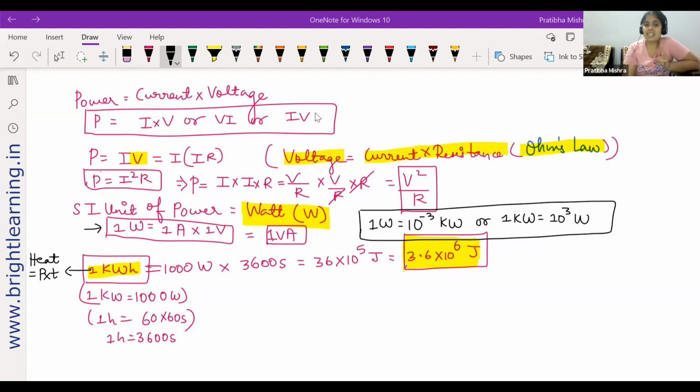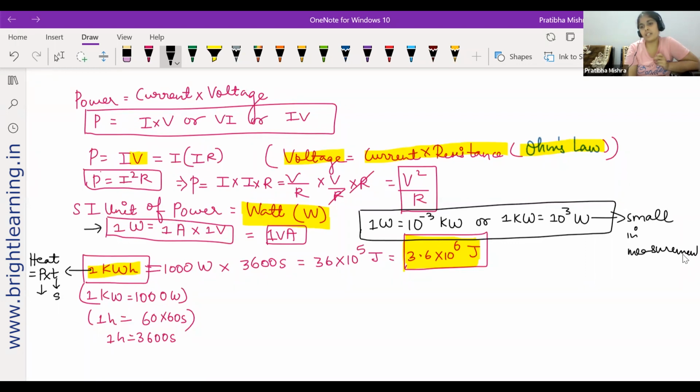Time is taken in seconds, because the SI unit of time is seconds. The SI unit of power is the watt, but we usually don't use it just because it's very small in measurement.